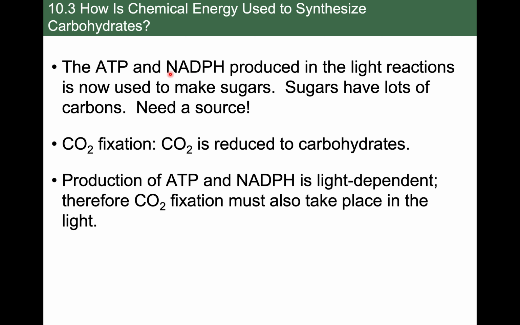So we've got our energy source. Another thing that we need if we're going to build sugars is carbon. You might remember carbohydrates are big carbon-containing molecules, and that's an issue for the plant. Where is it going to get all this carbon from? Of course, it could steal it from other molecules inside its cells, but then the plant is losing something. It's having to give up carbon from other molecules.